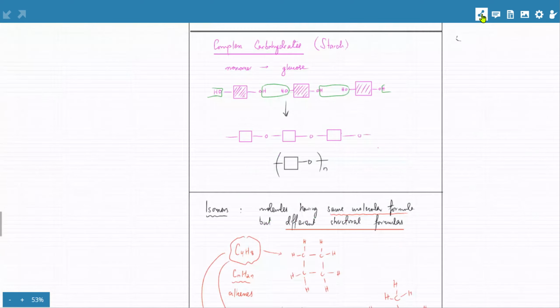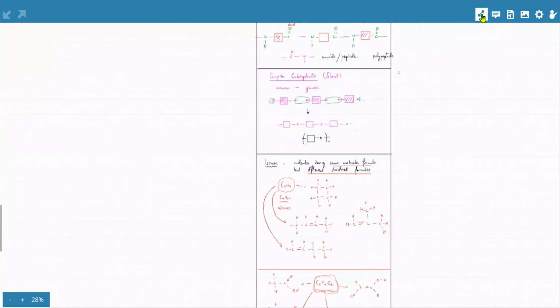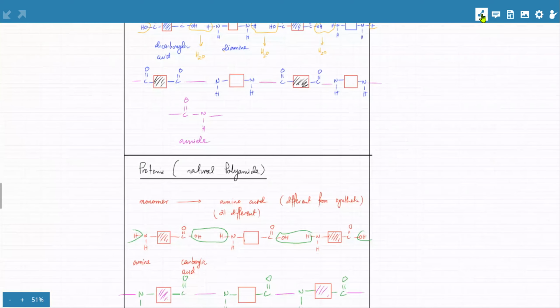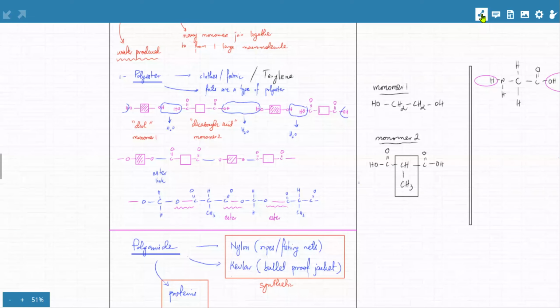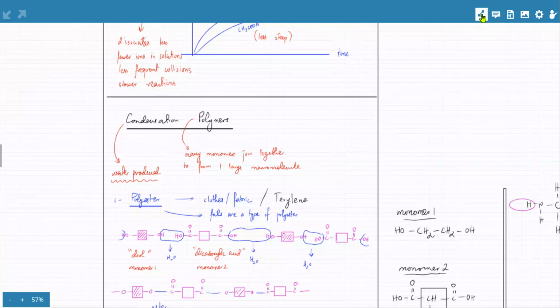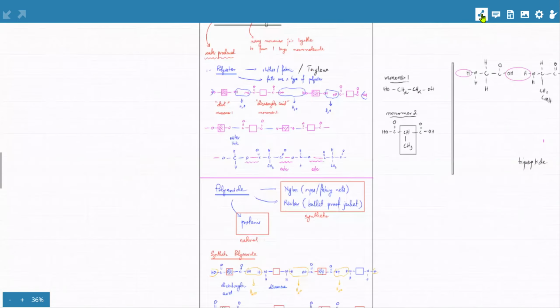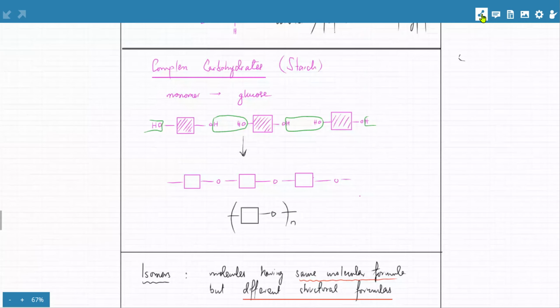All these condensation polymers can be broken down by heating with dilute acid or dilute alkali. Hydrolysis: lysis means breaking down. So he's asking us to break down starch. Where is starch? Starch is this thing.